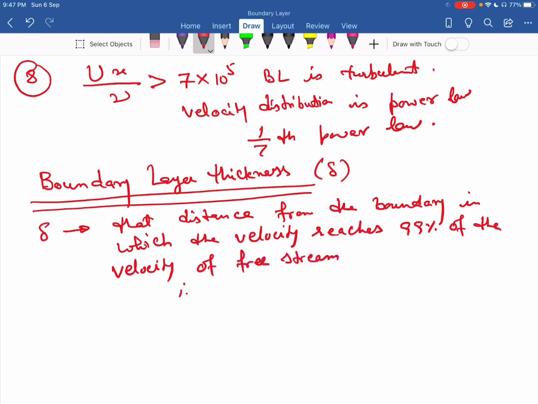That means u should be equal to 0.99 times capital U.